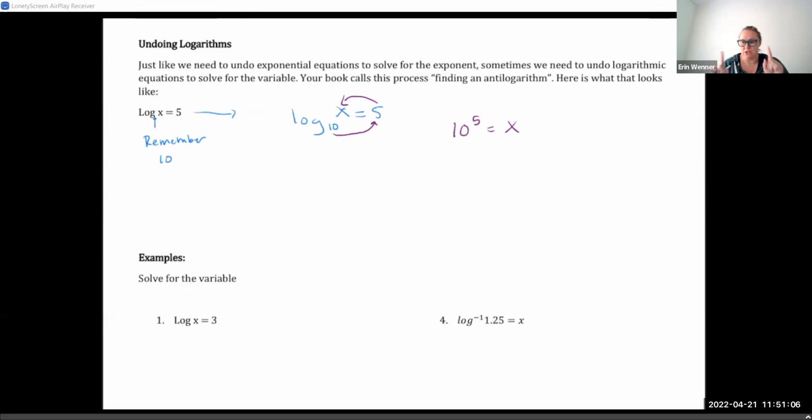That is the relationship between those. That's how I'm going to undo it. And if we calculate that out, we get 100,000 equals x.